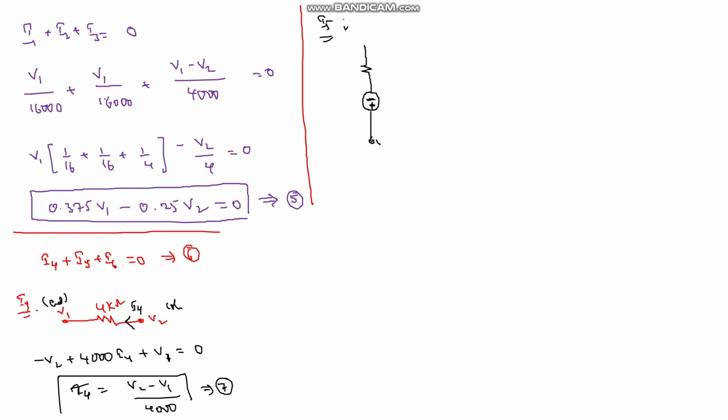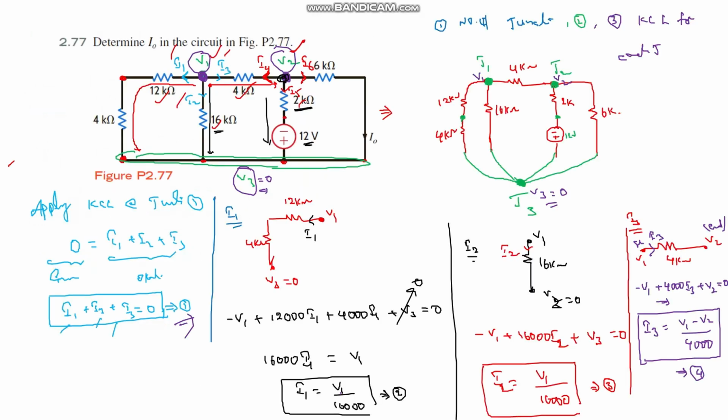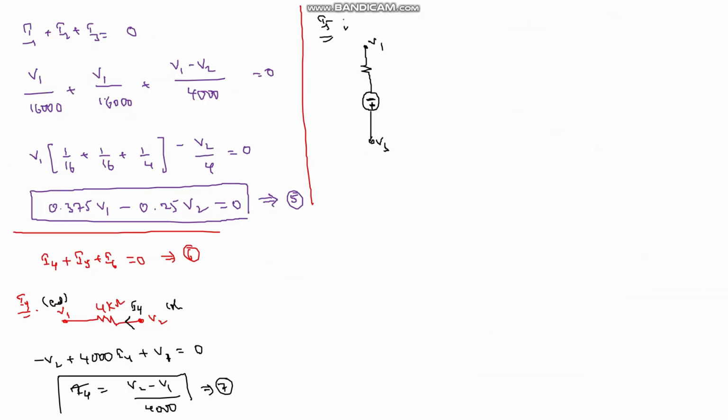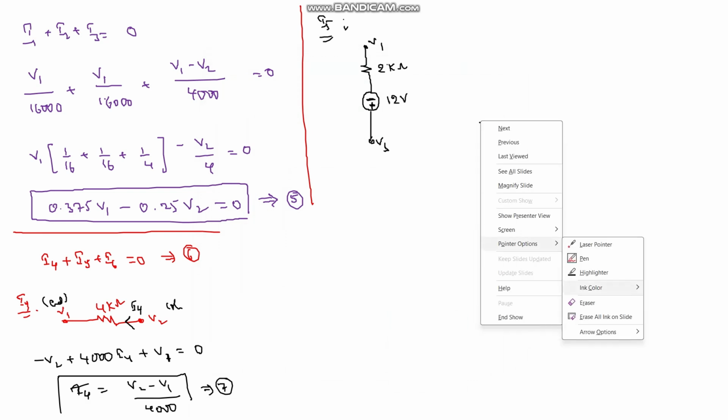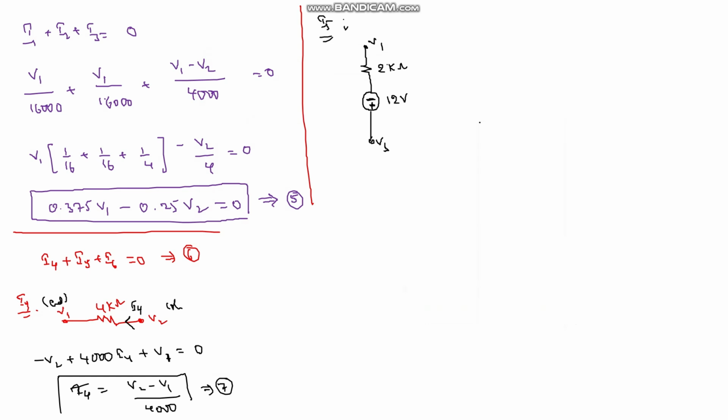This is V3 and this is V1. The resistance is 2 kilo ohm and the source is 12 volts. My assumed current direction is top to bottom.